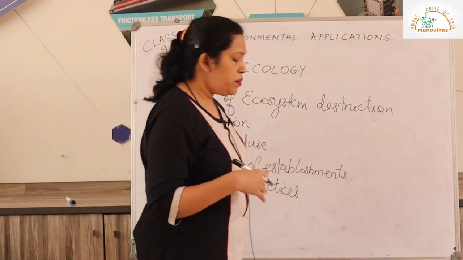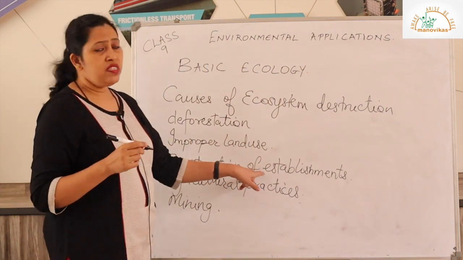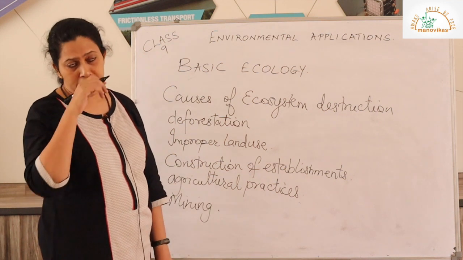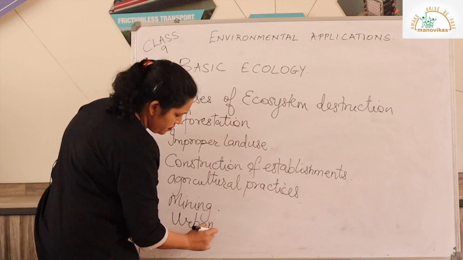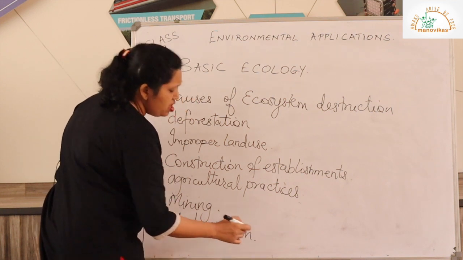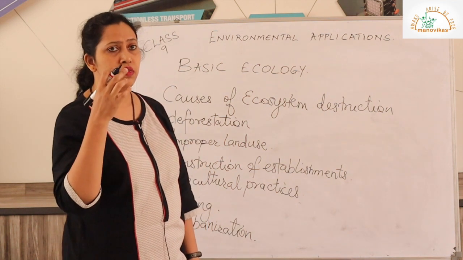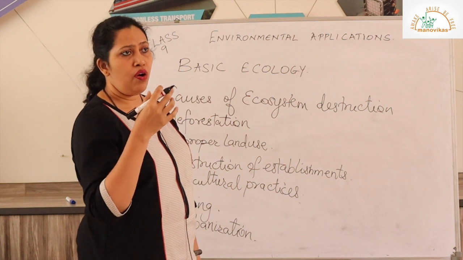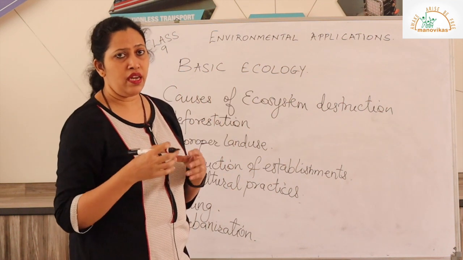Then the next is urbanization. Construction of establishments, industries and urbanization go together. For this also a lot of space is required. Urbanization is when everything that is in the cities becomes available in a village.